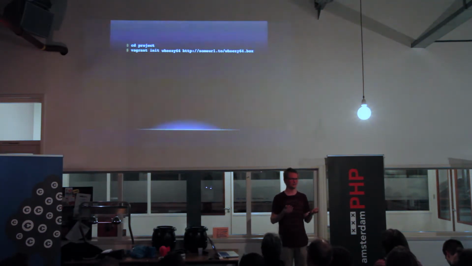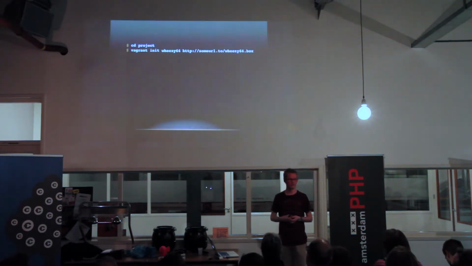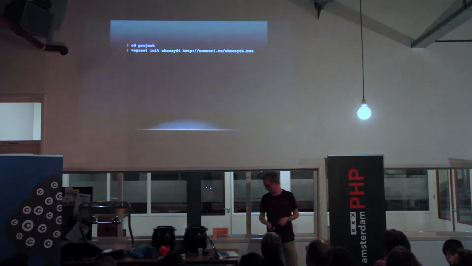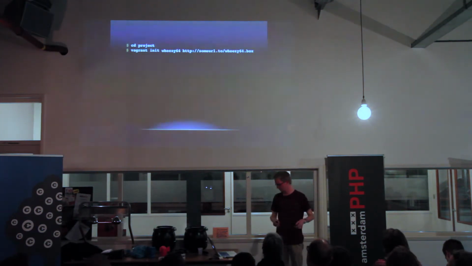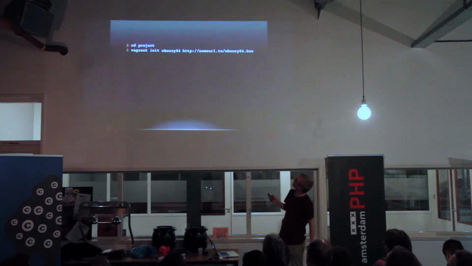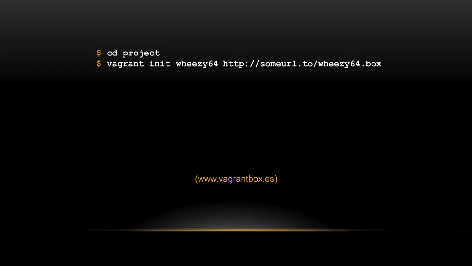I don't know, I think they're not genuine or just evaluation copies, but there are Windows boxes as well. And, well, you can just Google and you'll find it. There's one website, I think I included it in the slides. Yes, vagrantbox.es. And just go there and find your base box.